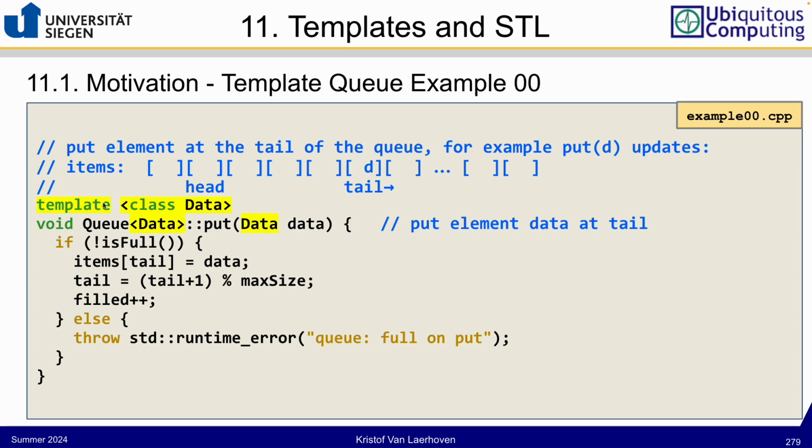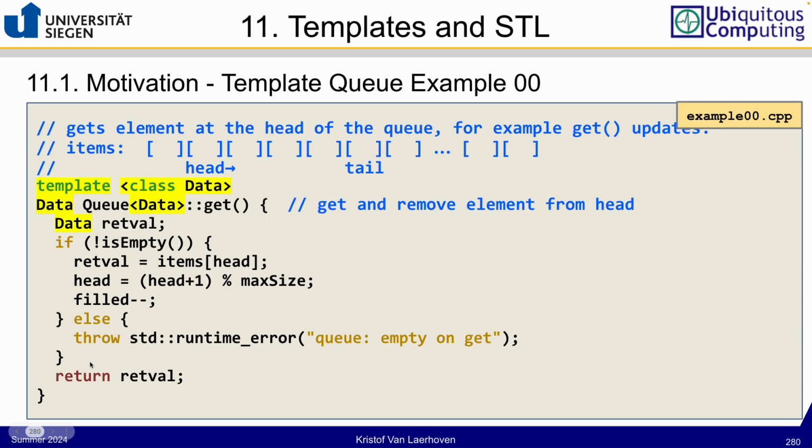So basically, we will have to say in front of each implementation of those functions that we are also there using the templates, using exactly the same template parameter, so that we know that data is being used. But that is the only thing that is different. There's not much else that is different.